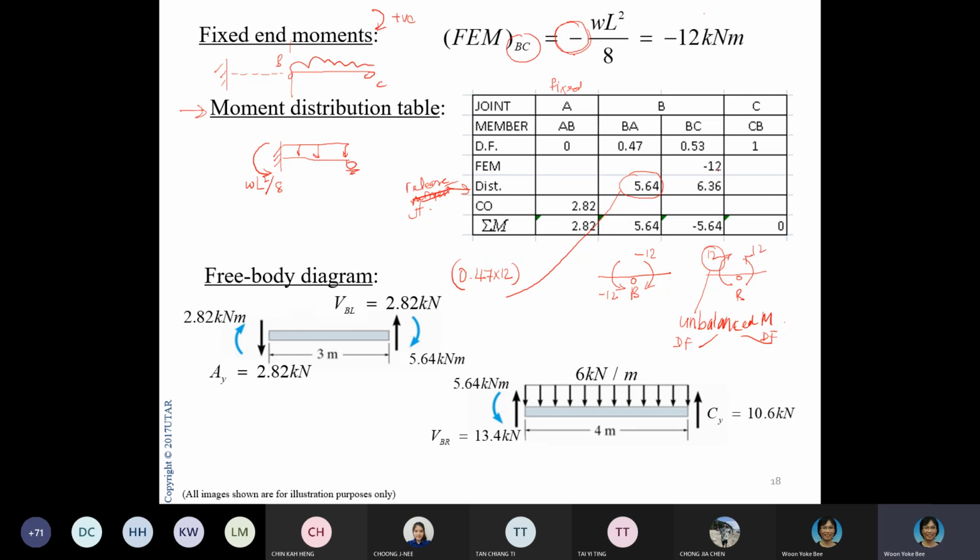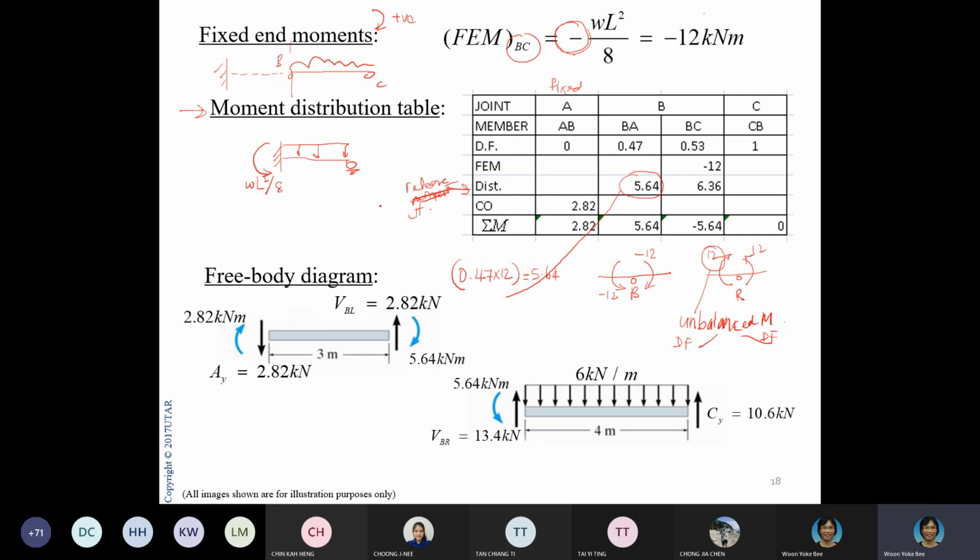So this is negative 12, equal and opposite would be 12. So 0.47 multiplied by 12, I should get 5.64. Okay, so this is how you get your distributed moment. When we say distribution, we are actually distributing it. We release and we distribute the moments.